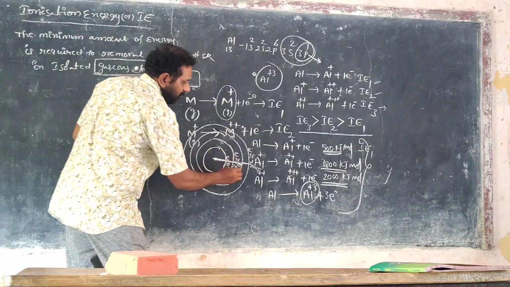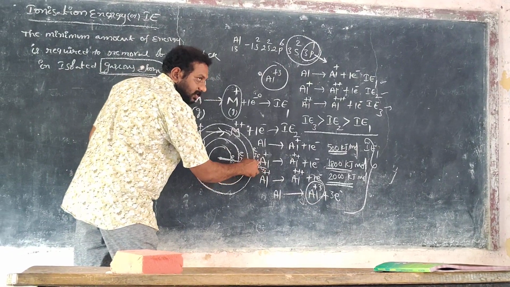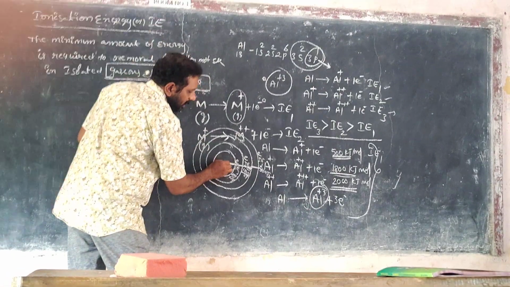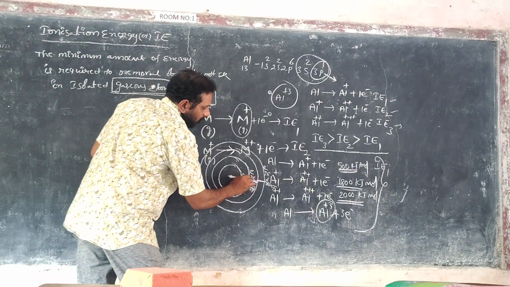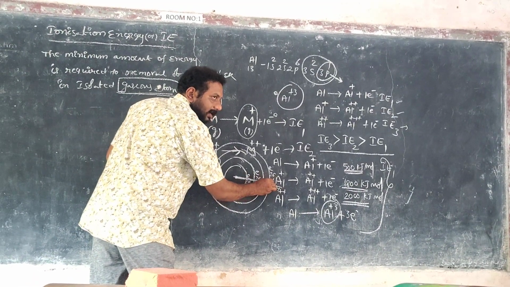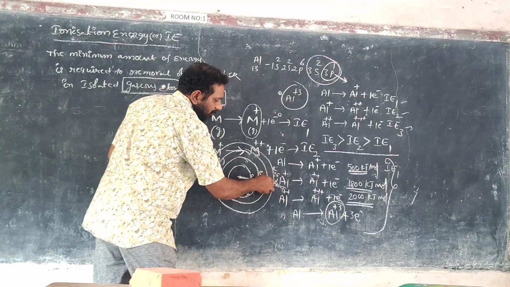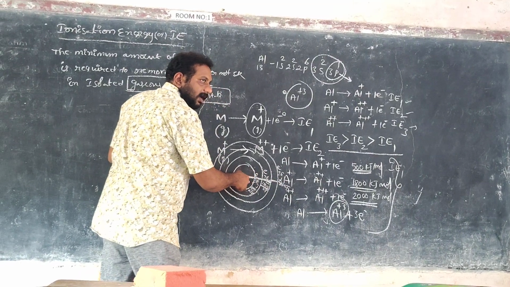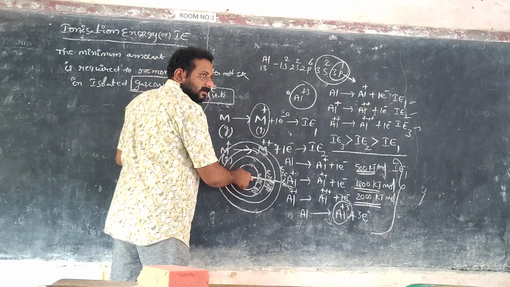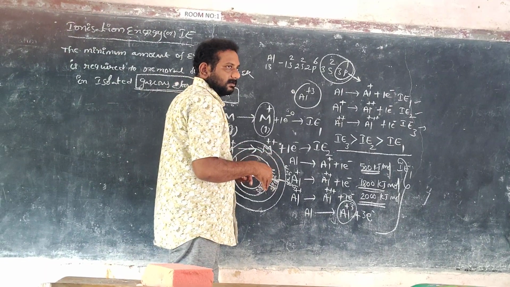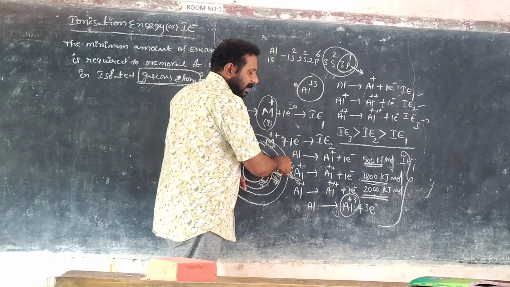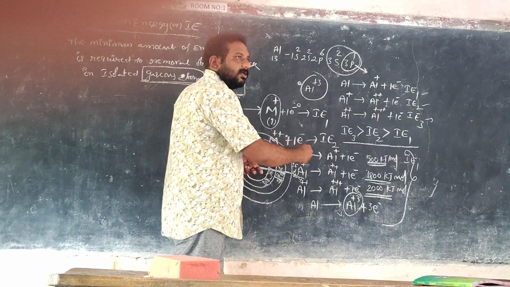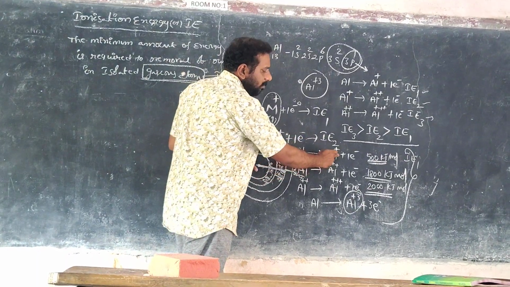Here there is 500 kilojoule energy. The nuclear attraction force on the outermost electron is very weak, so the attraction is very less. That's why an electron can be easily removed to form a unipositive ion.